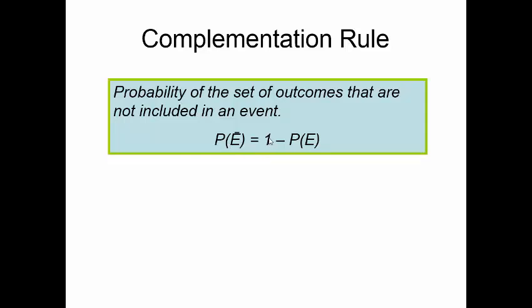Now, this can be a very useful concept because sometimes it's easier to calculate the probability of E and sometimes it's easier to calculate the probability of E bar. So, depending upon which one is easier, you can first compute either this and then compute this one by this formula, or vice versa.